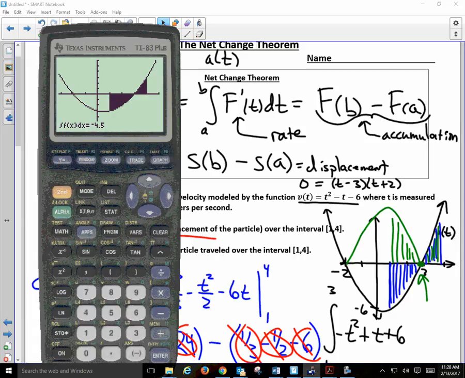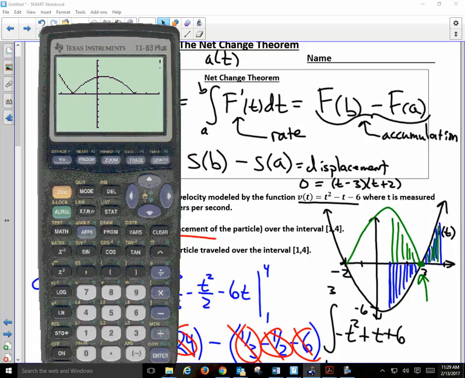Negative 4.5. So then as I go into y equals, in order to check the actual total distance, I insert an absolute value sign. And I find that by going to catalog is where I chose to go. And so we talked about flipping this upside down and looking at then the green as the positive area.